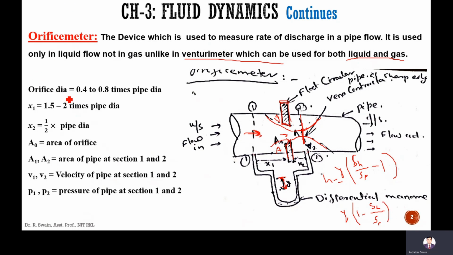So this orifice diameter is 0.4 to 0.8 times the pipe diameter.